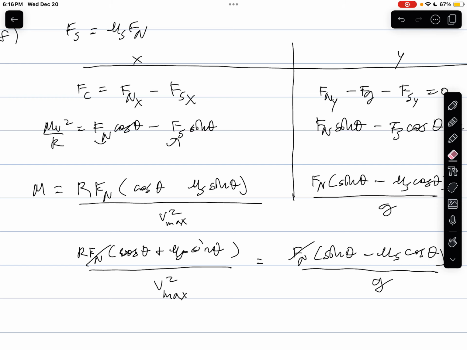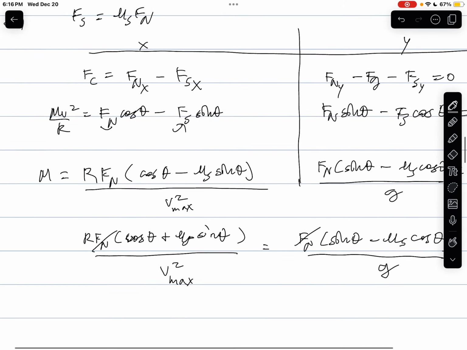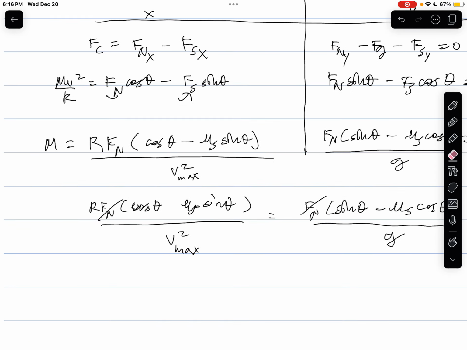So then the signs change to minus. And then instead of V max, this is going to be V min.